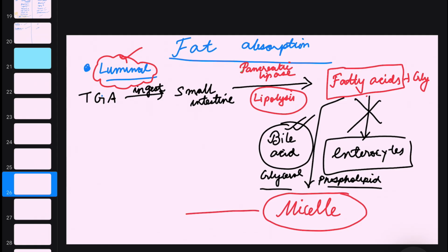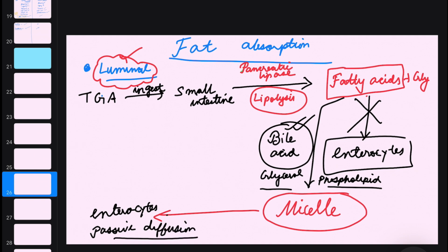These micelles can now be actually absorbed by my enterocytes. And by what process do they get absorbed? Passive diffusion. That's simple. So once the micelles are formed, we have absolutely no problem.